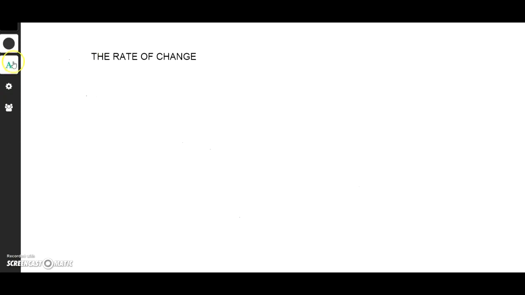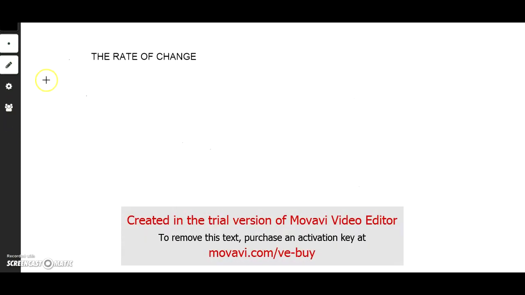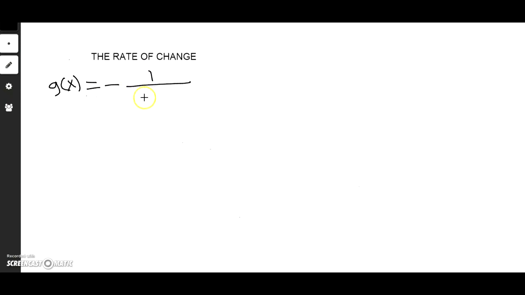In order to get the rate of change, we need a function. Let's say our function g of x is equal to negative 1 over 3x plus 2.